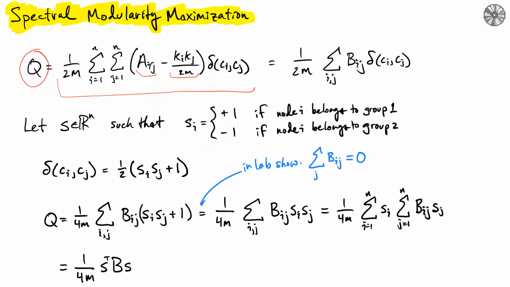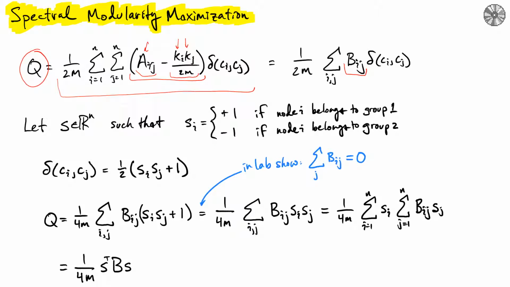If we define this matrix as B, the modularity matrix, then we can rewrite it like this. And obviously once you have the adjacency matrix, you can also compute k_i and k_j, and so you can compute B_ij as soon as you have the adjacency matrix. So we're going to use several tools here.